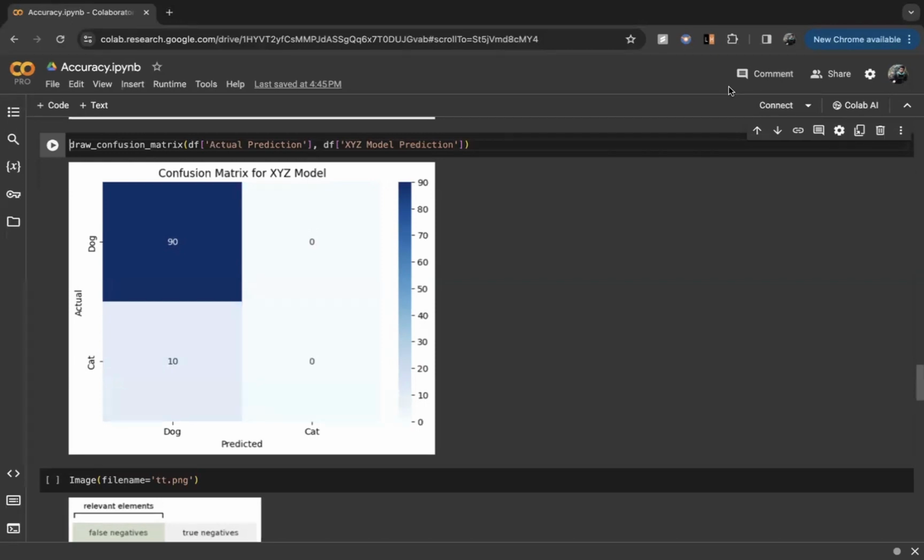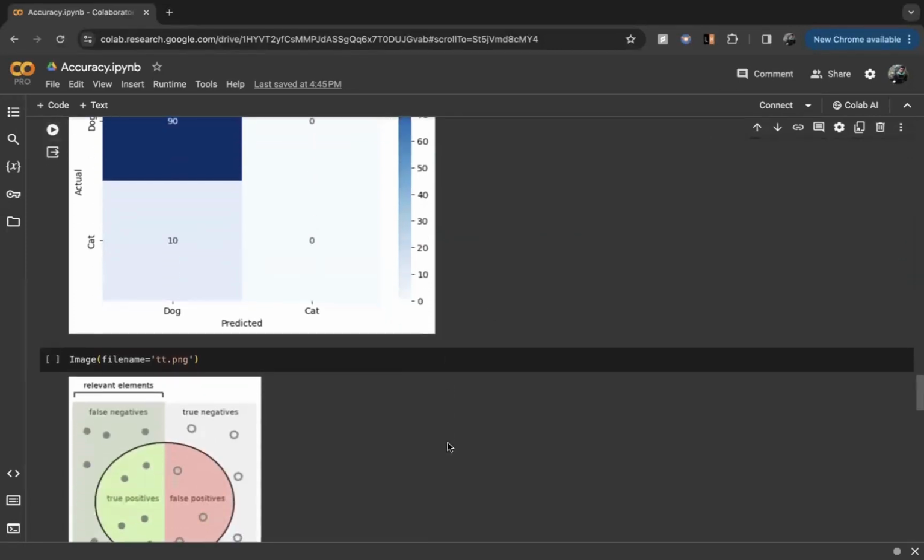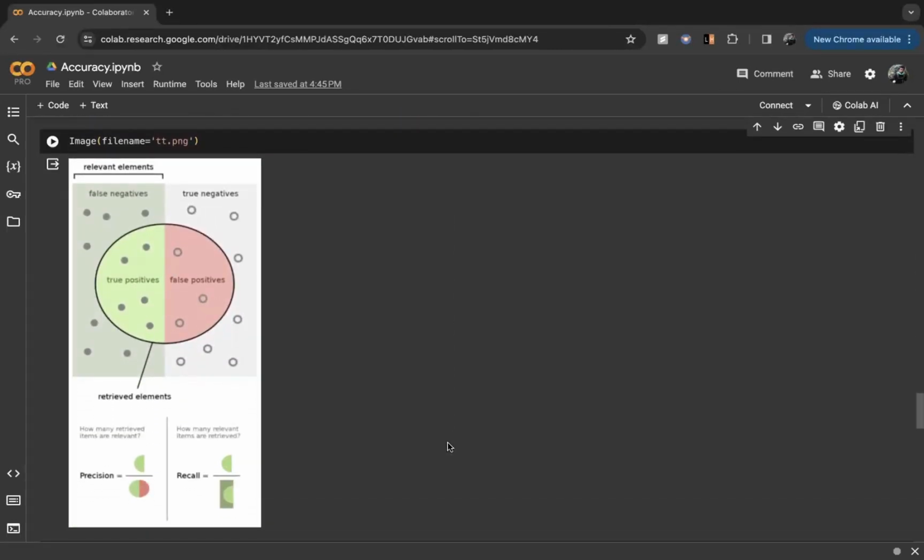Now, let's look at how we can use these values for our metrics. Precision and recall are two new metrics that can be used instead of accuracy. This will give us a better idea about how the model is performing. Precision is nothing but, out of all the images where the model predicted the image to be dog, how many were actually dog?